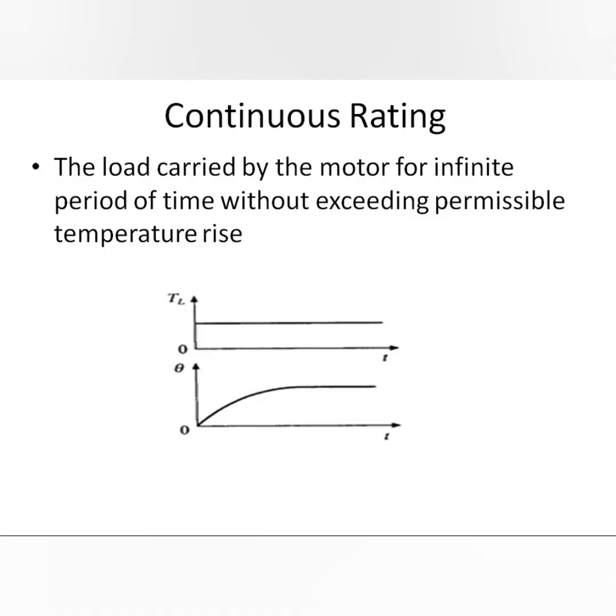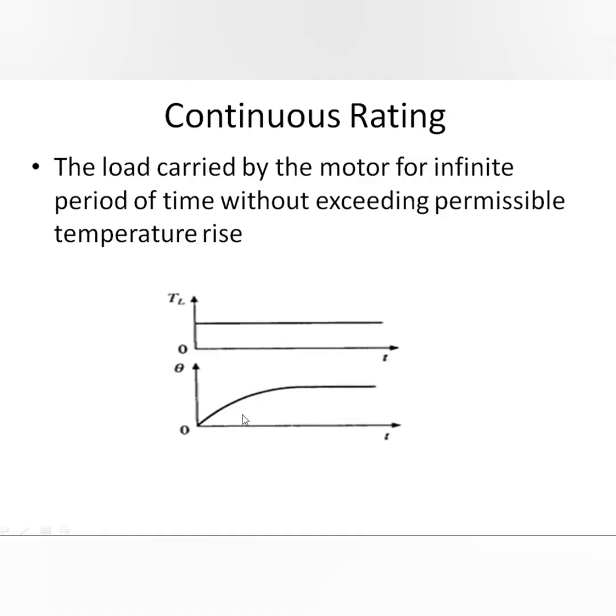Similarly, we know that the motor is required to provide the mechanical output. Depending upon their applications, we can have different types of ratings of the motor. Some motors which are working continuously at the rated output for infinite period of time without exceeding the permissible temperature rise, basically are having a continuous rating.